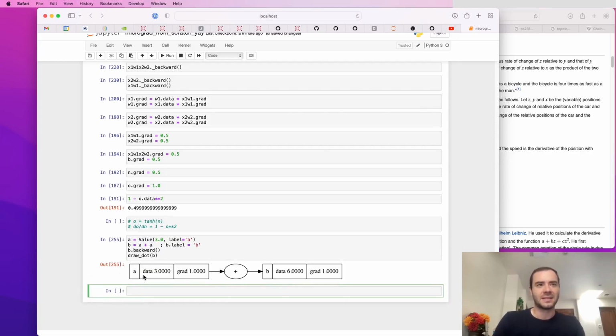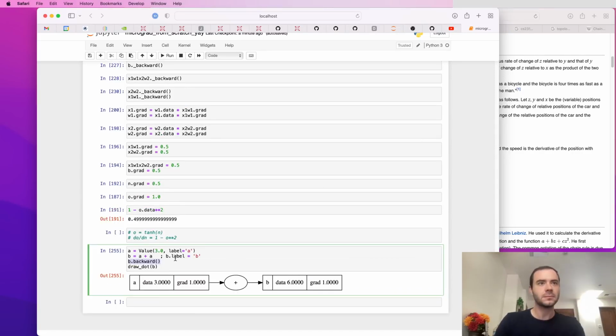So what's going to happen is A is 3, and then B is A plus A, so there's 2 arrows on top of each other here. Then we can see that the forward pass works. B is just A plus A, which is 6. But the gradient here, which we calculated automatically, is not actually correct.